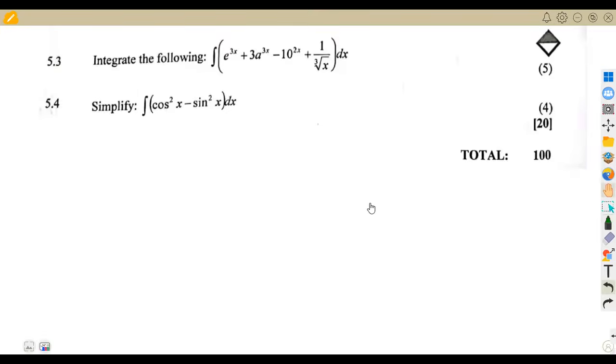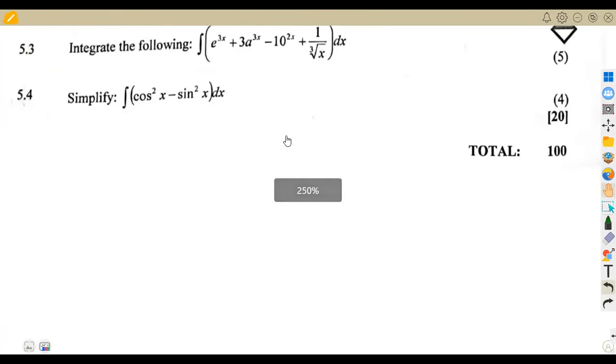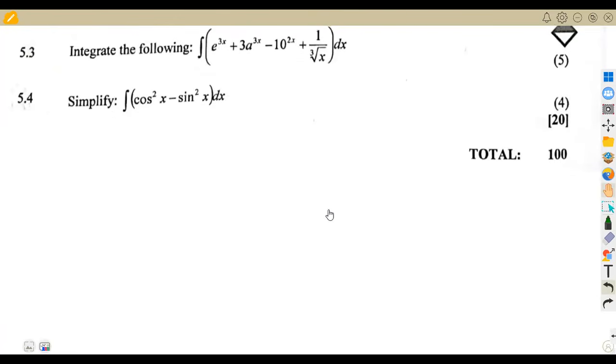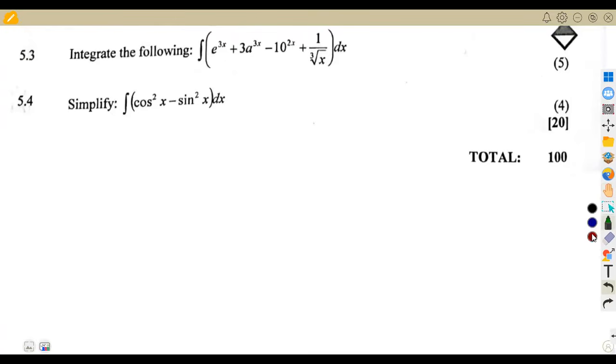Integrate. All right, so we are integrating each and every term. Just like on our derivatives, we're going to integrate each part. So 5.3, you're going to have the integral of e to the exponent of x. We are back to that part and I erased it, but let me just rewrite.